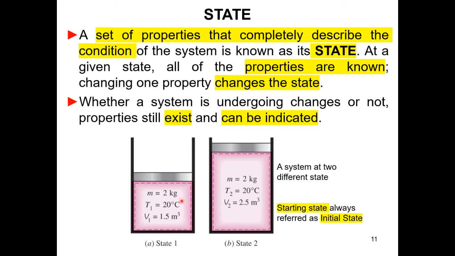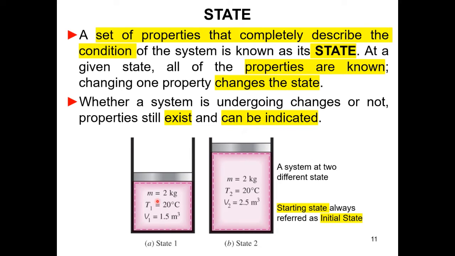So a system will have at least one state. This is the first one, which we call the initial state. In the initial state, m equals 2 kg, T equals 20 degrees Celsius, and volume is 1.5 meter cube. When one of the properties changes, then another state is created.